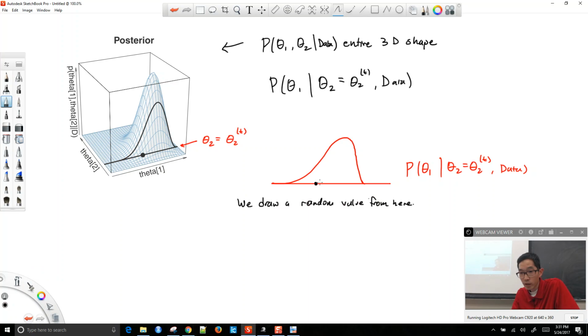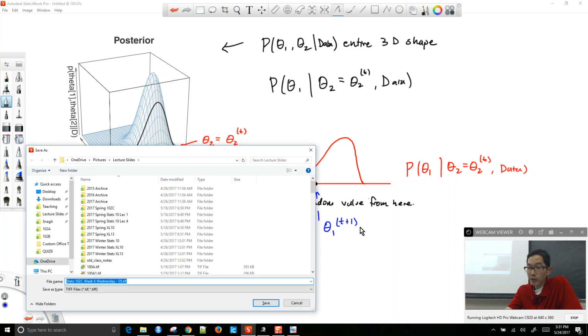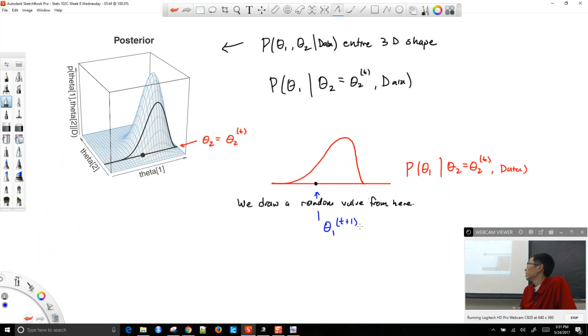Okay, and it looks like it's right here. So we draw a random value, and this is going to be the value that we use next. So this value is going to be our theta 1 at time t plus 1 at the next iteration. We draw a random value, that's what we use. And we accept this, okay?